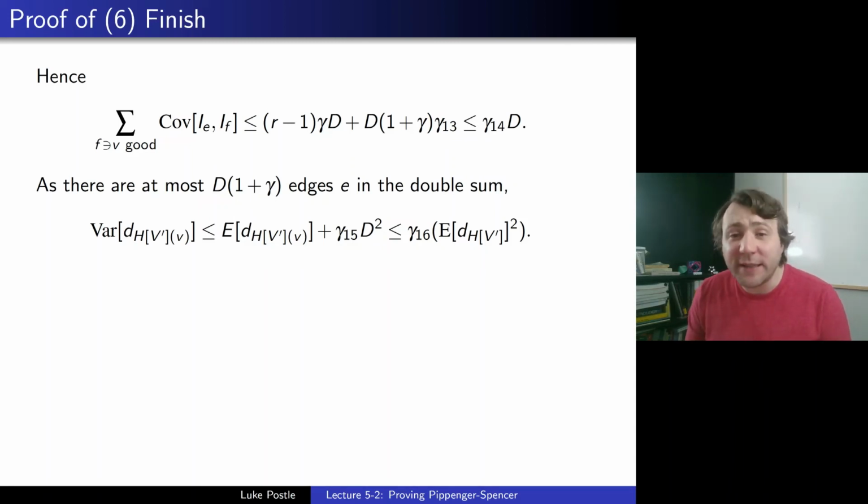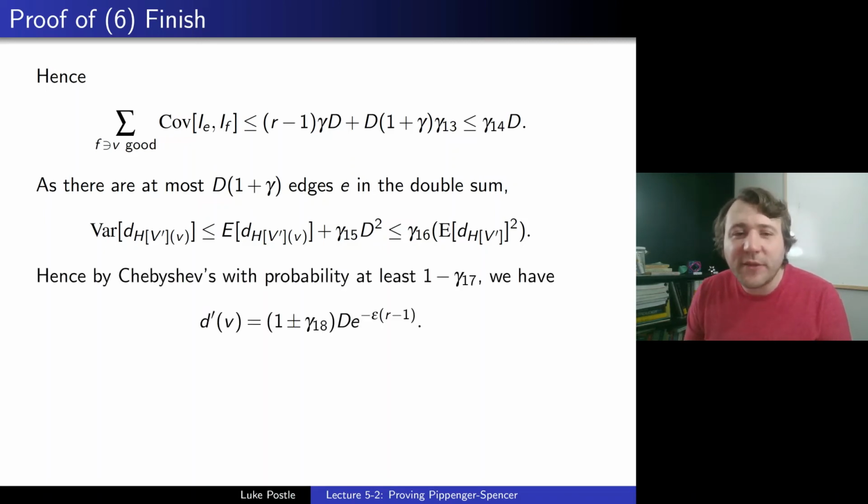So we get this little extra, little o of d squared there. And in total then we know that actually it will be gamma 16, so it will be little o of the expectation squared. So the expected degree is on the order of d, and we have this little o of d squared, so that'll be altogether little o of d squared. The expectation again is some factor times d.